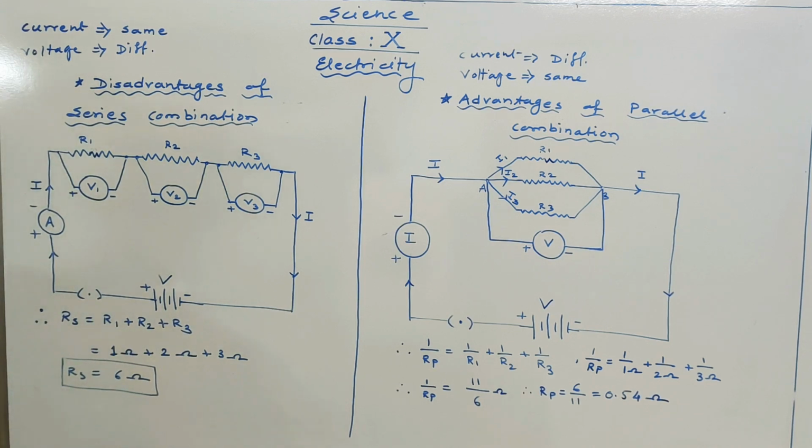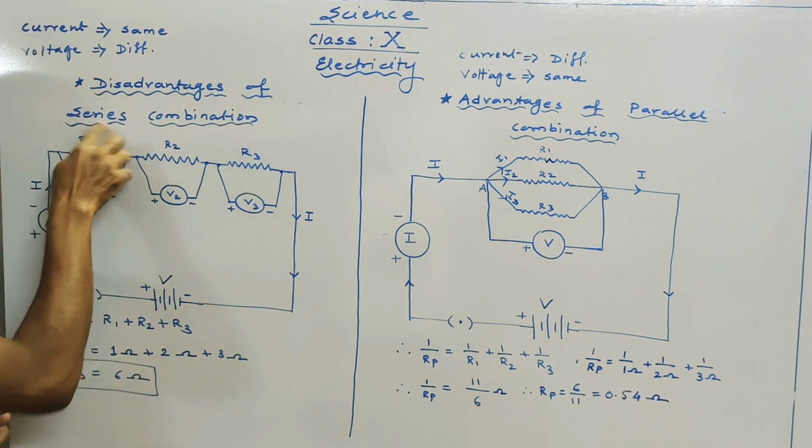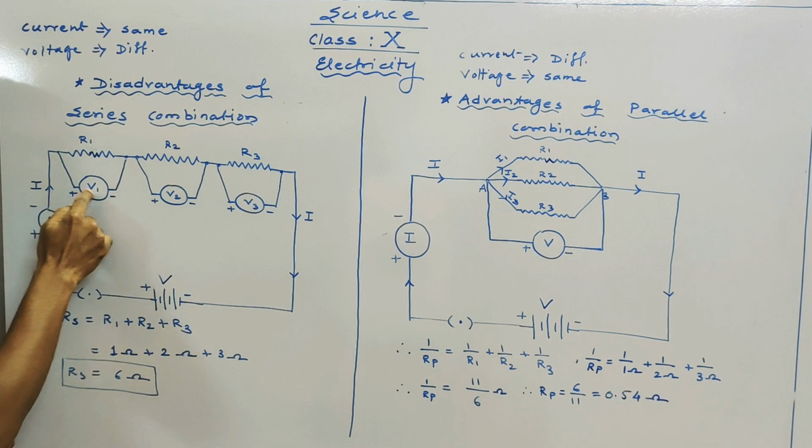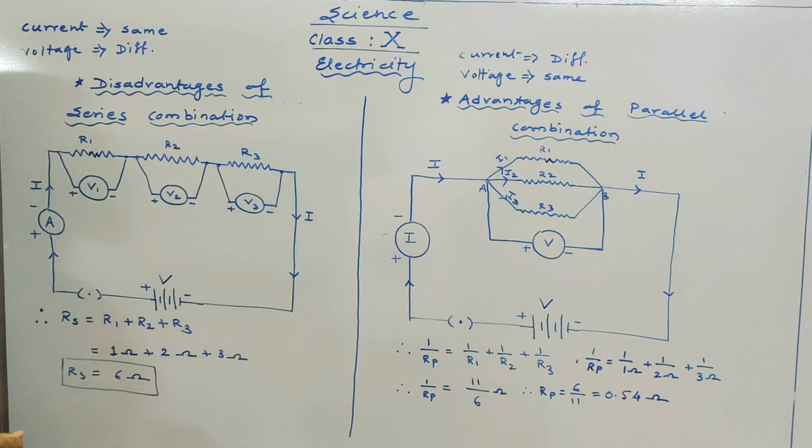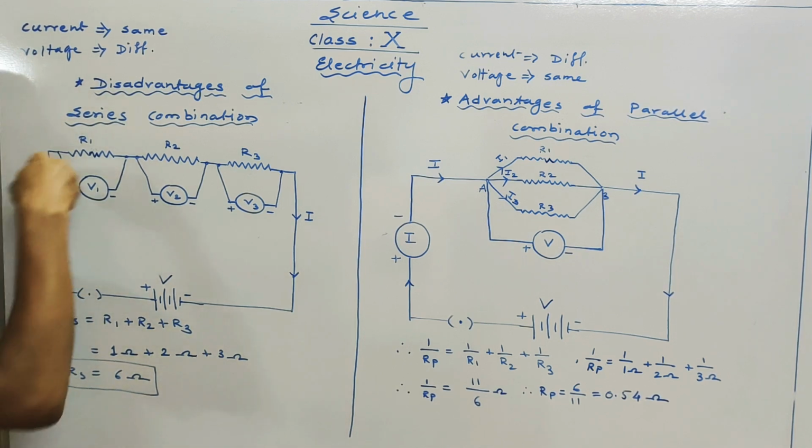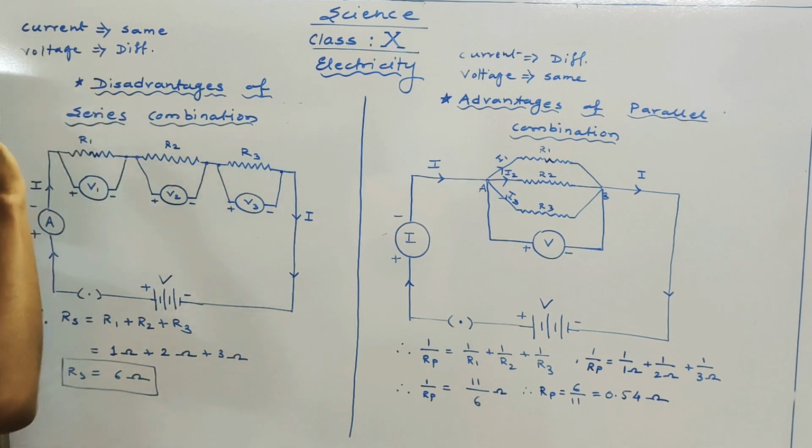Now, the second one is, in the case of series combination, these appliances will not get separate switches. If you switch on this circuit, R1, R2 and R3 start working. Means, in the morning, you do not require light, you do not require to light a bulb. Still, if you switch on the circuit, the bulb is glowing, the fan is moving, and the heater also starts working.